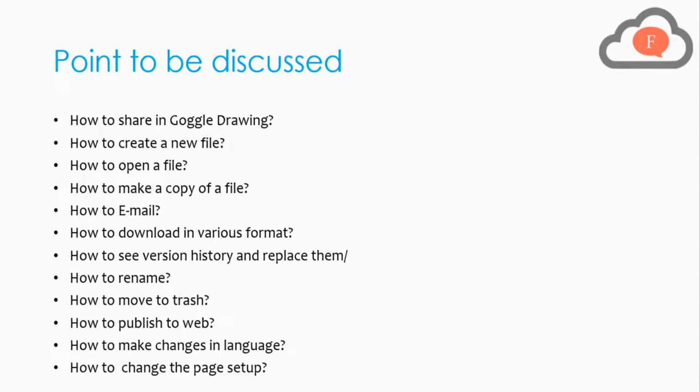All these points we will cover in today's video in the file section in our Google Drawing. Now to understand each of these things in detail, let's go to the Google Drawing and see how everything works.